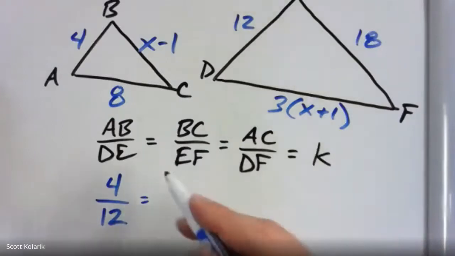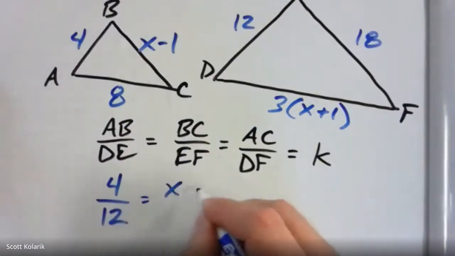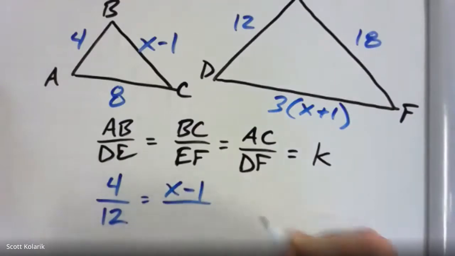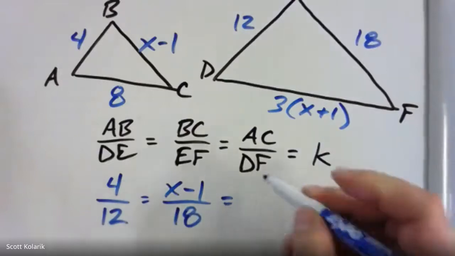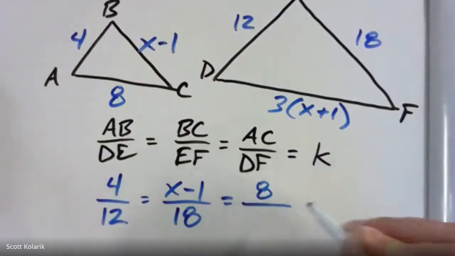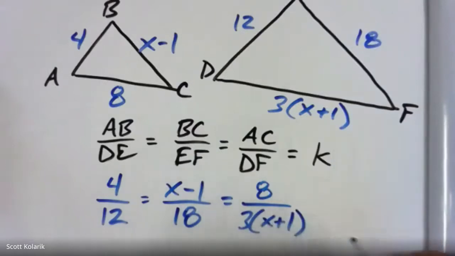So I just make my way around the triangle. BC in this case is not just some number. Here's my unknown of x minus 1, EF is 18, and then AC is 8. That's going to be associated with this 3 times x plus 1. And whatever these end up reducing to has to be the same value.